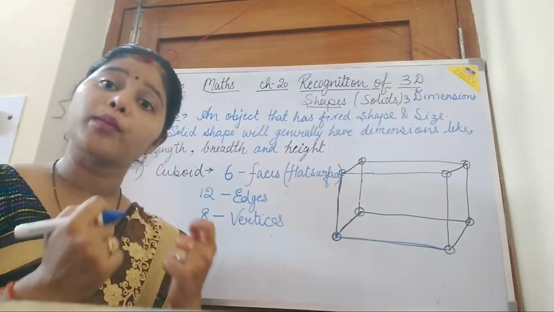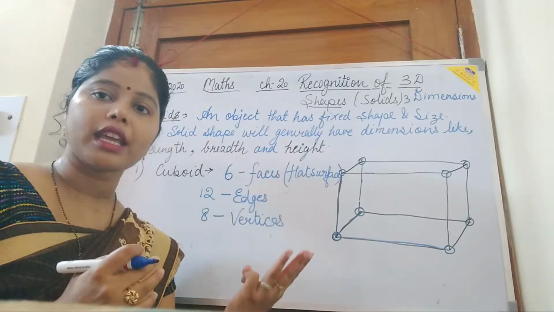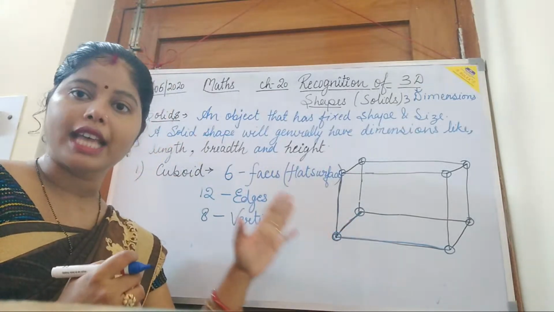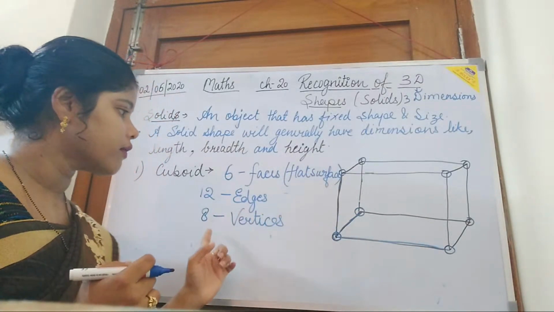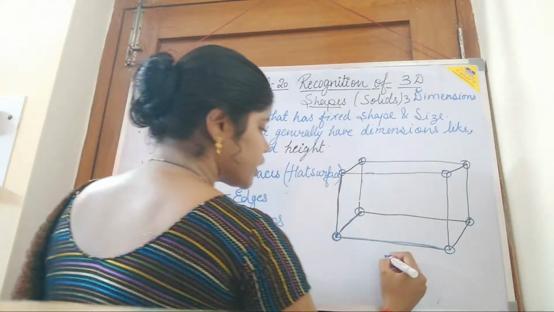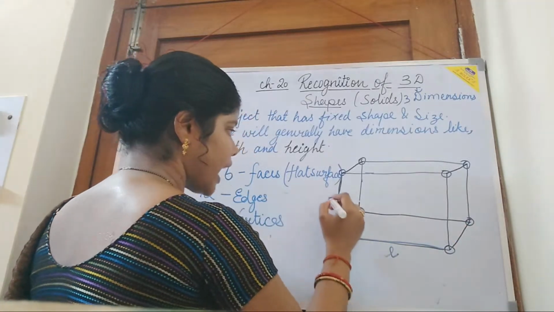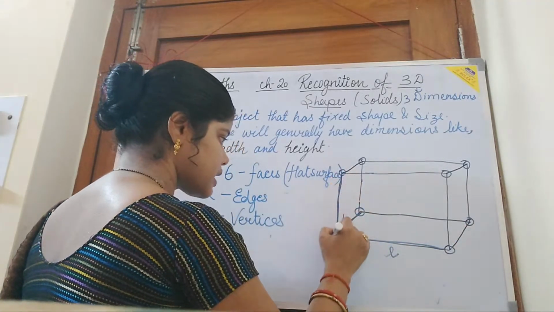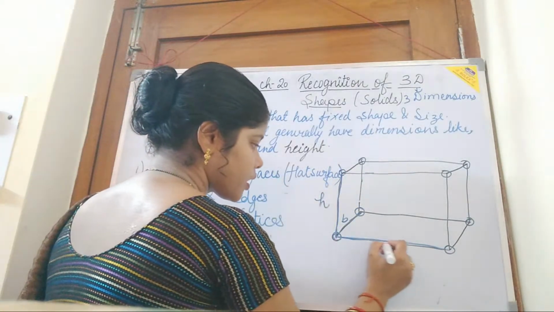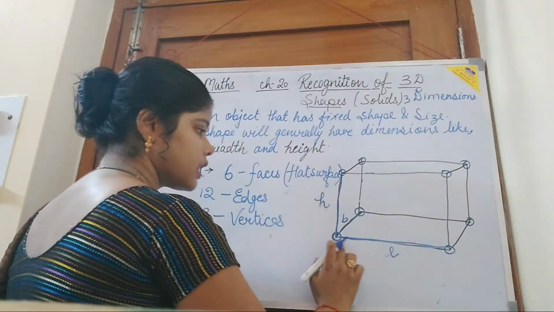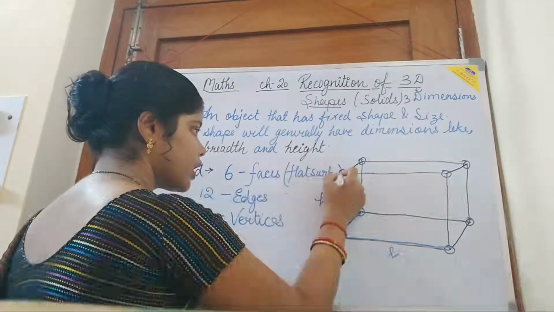Always remember 3 or more line segments, because a solid has 3 dimensions. Wherever the 3 dimensions meet, that forms a vertex. Take this longer line segment as the length, this shorter one as the breadth and this vertical one as the height. These are the dimensions of a cuboid.